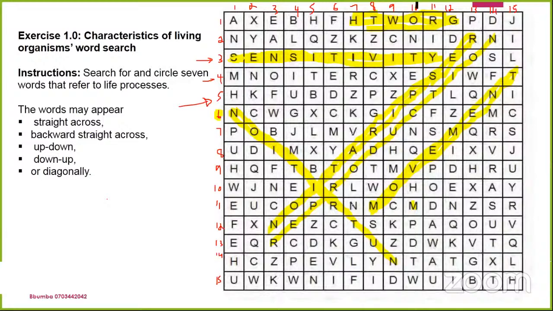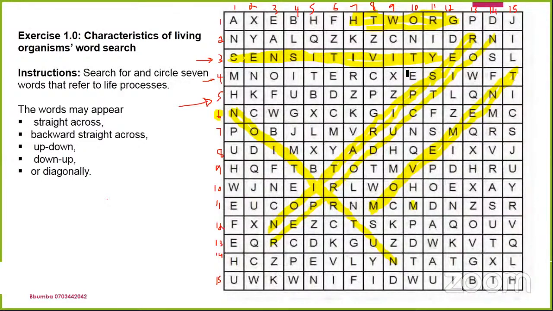Then give me the letter on the lower column. Number 4. So I go to 4, here on 4. Now do I go straight, diagonal, or backwards? Straight. Straight backward. Straight backward.